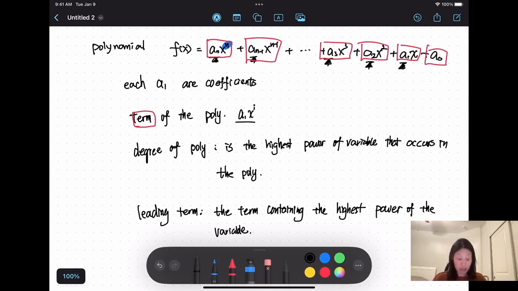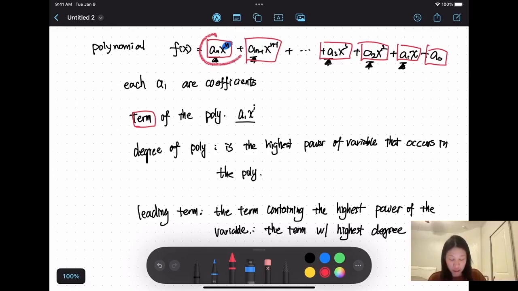So the term with the highest degree, basically. Now if you take a look, which one contains the highest degree? a sub n x to the n power. So this is our leading term. And a sub n is the coefficient in the leading term, so we call it the leading coefficient.